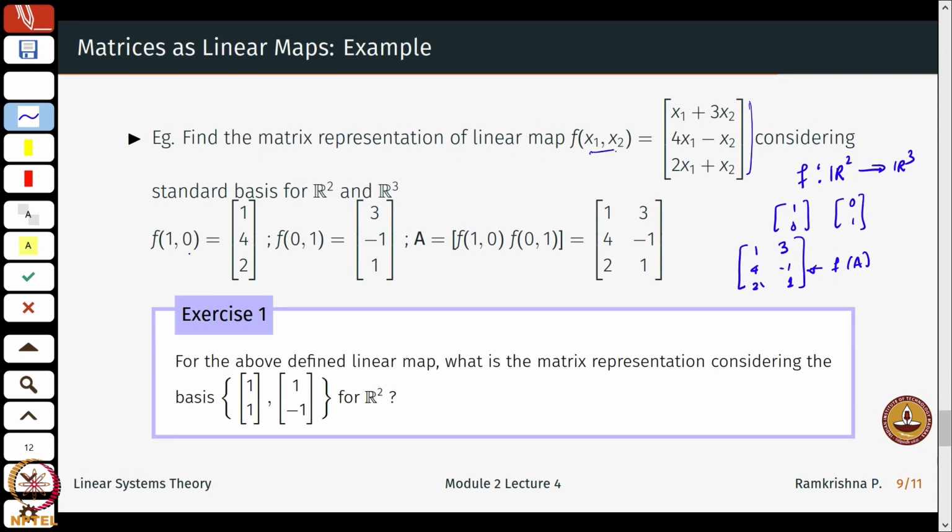Okay. Now, how does f of (1, 0) translate on this side? I just multiply this matrix A by the vector (1, 0), and I will get the first column, 1 4 2. Similarly, f of (0, 1) will transform this way. I will just get the second column, 3 -1 and 1. Okay.